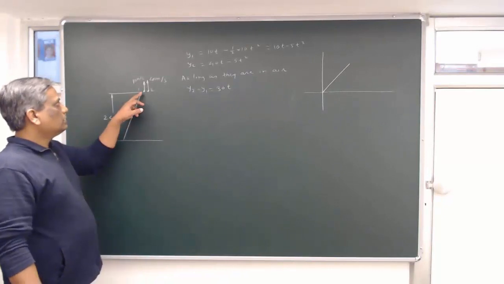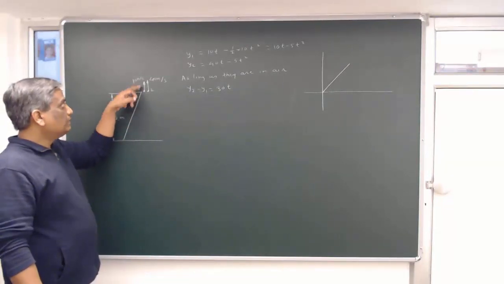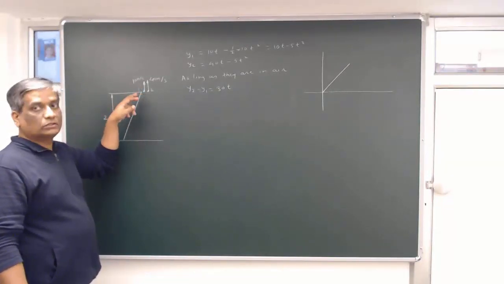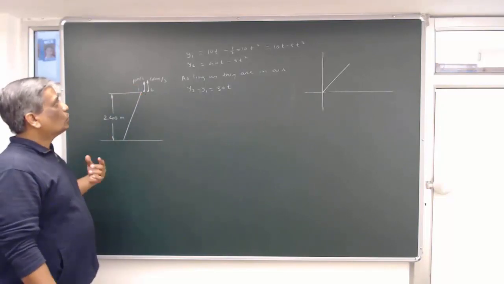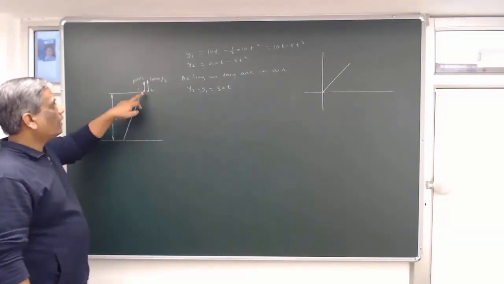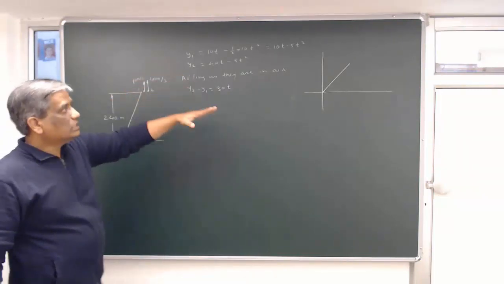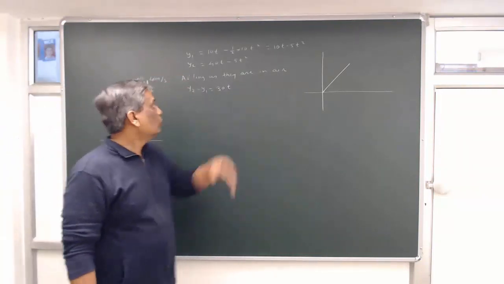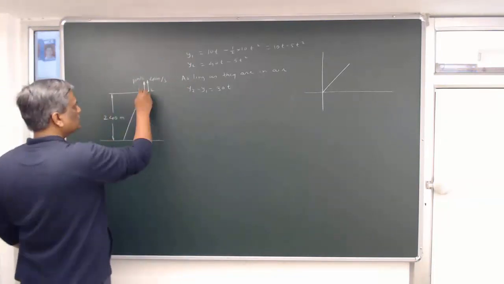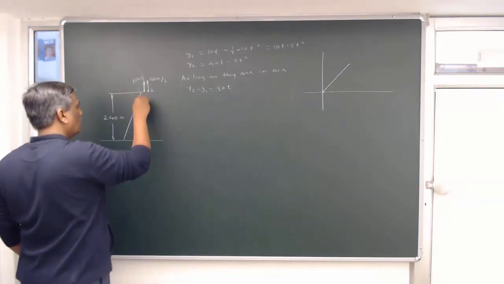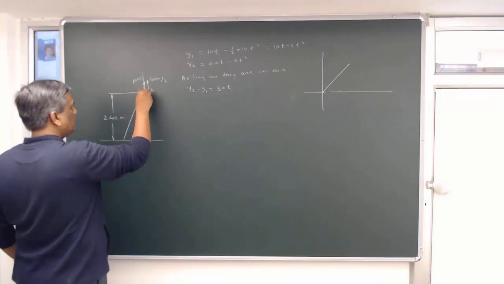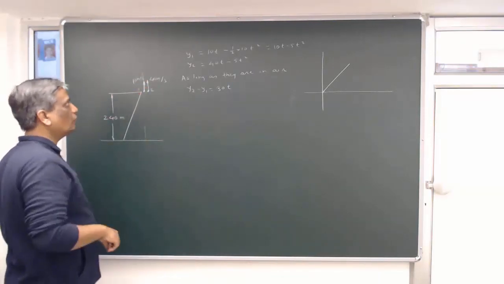Now, let's see what happens when the first stone hits the ground. We have to find out the time in which this stone will hit the ground, because this graph will end when the stone hits the ground. So how do we do this? This is going to go up and come down, and then displacement of this is going to be minus 240.